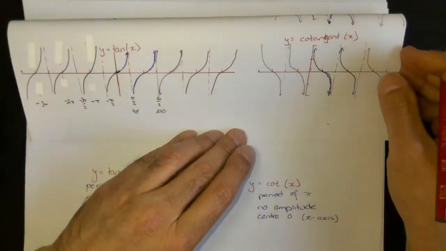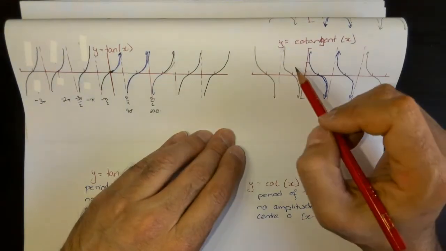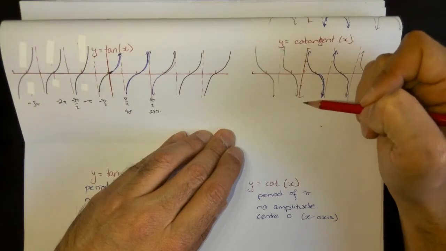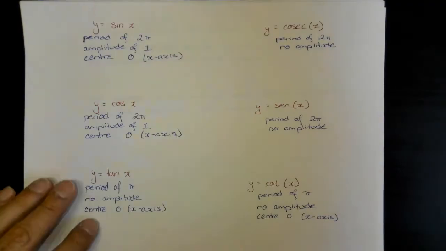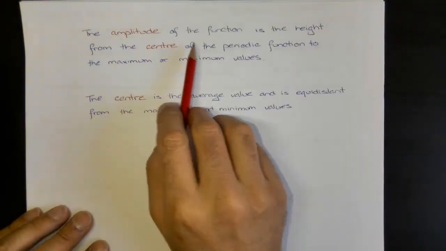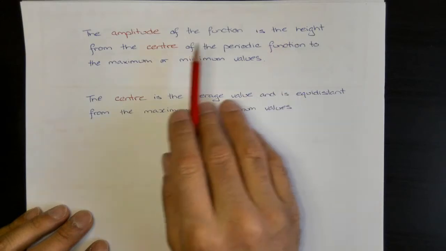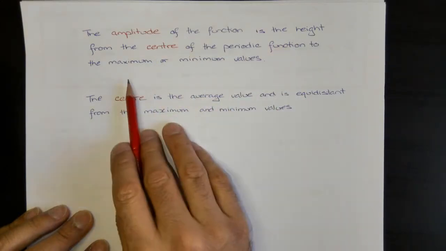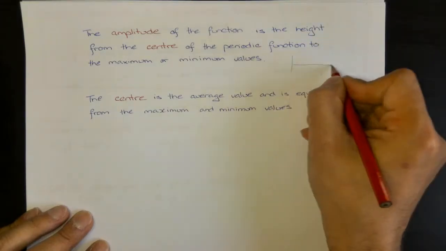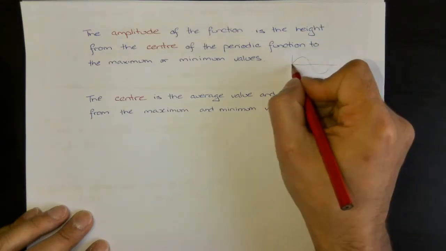The cotangent has a period of pi once again, no amplitude, and a center of 0. So the amplitude of a function is the height from the center of the periodic function to the maximum or minimum values. For example, with a sine curve, the center is 0.